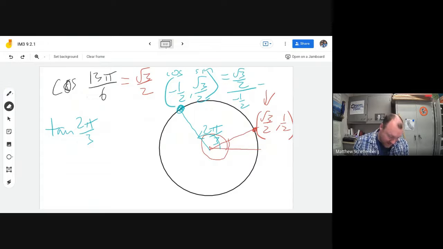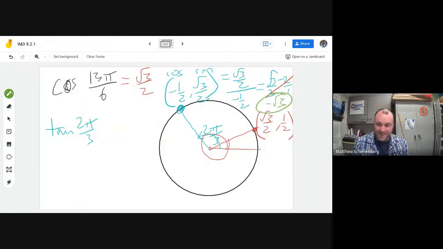And also I need to get rid of this thing here. Okay. So this equals square root of 3 over 2 times 2 over 1, negative. The 2's simplify to be 1. So this just ends up being negative square root of 3. That's bad. And that's the answer to this one. This is negative square root of 3.